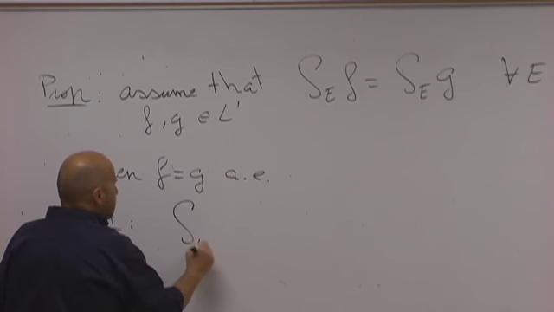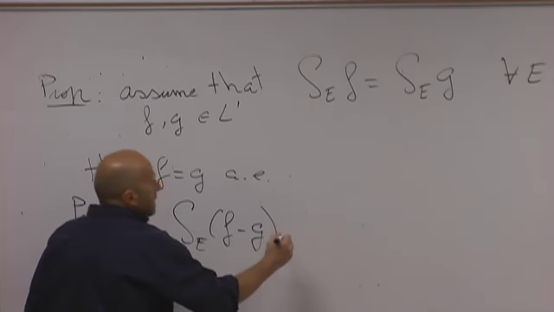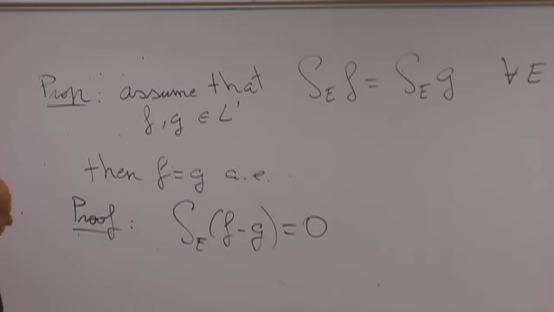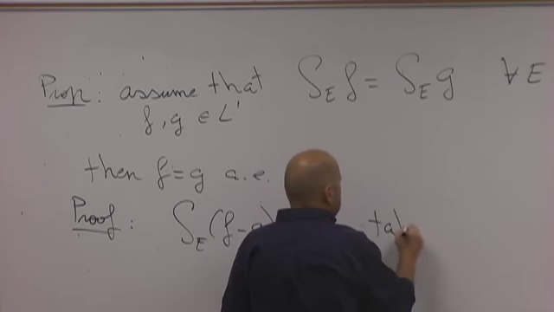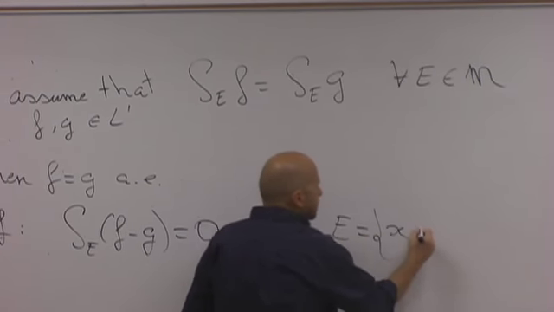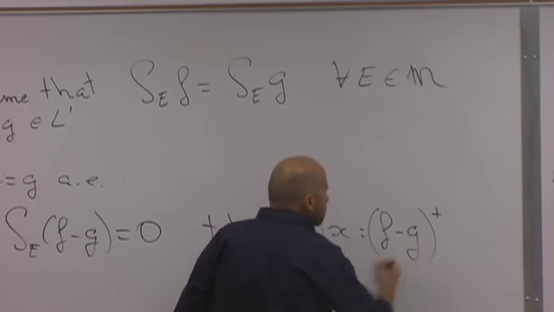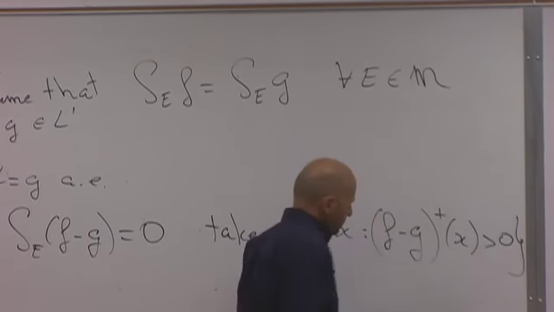So we know that the integral of f minus g is equal to 0, and this is true for every measurable set E. Let's take for E the set of x where (f minus g) plus is strictly positive.